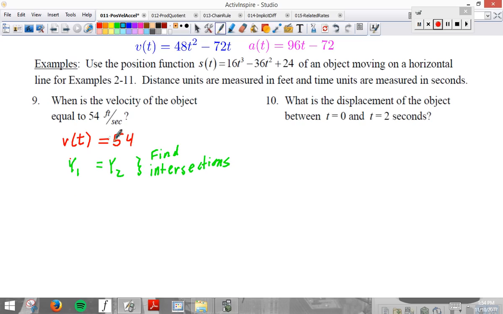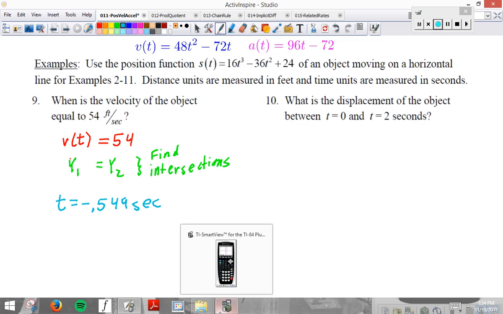You do have to write this equation down. If all you wrote down was this answer, negative 0.549 seconds, it's called a naked or a bald answer, and you do not get credit for that. You might not get any credit, you might get 1 point. This is worth something, please write this down.